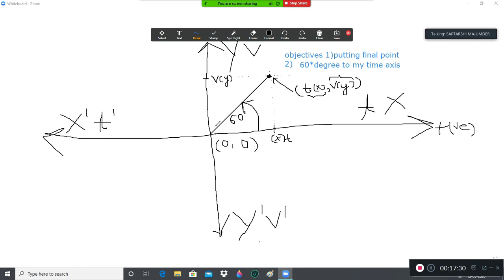Or I can say a line drawn from the 0 comma 0 coordinate to the tx comma vy coordinate, making an angle of 60 degrees with respect to time.